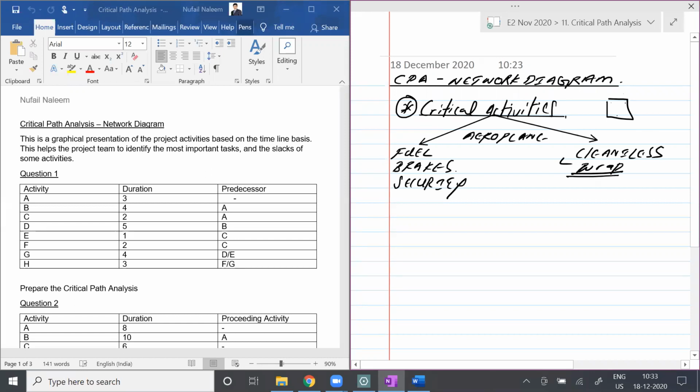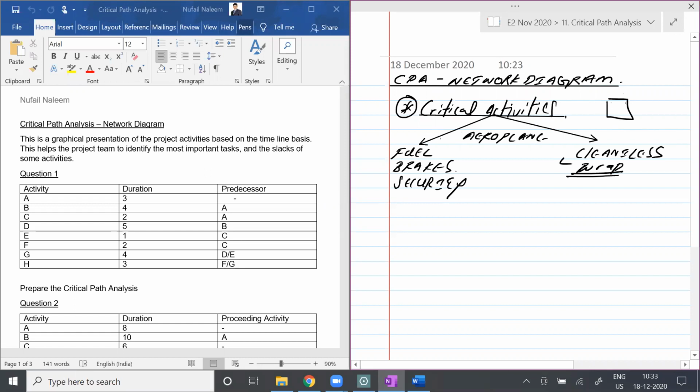Non-critical activities are not stopping the business, not stopping the process. Without them it can go on, but critical activities, without them it can't go. Example, you're going to do the exams at your home. Wi-Fi requirement is critical or not critical? Critical.